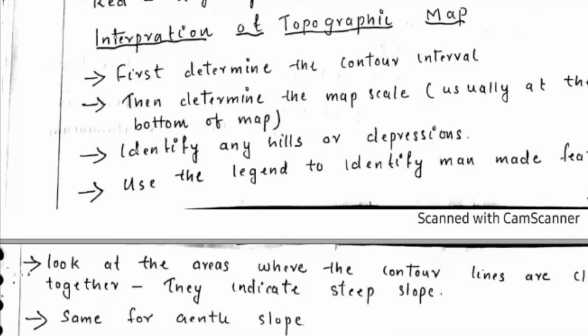Continuous red lines indicate highways, dotted lines indicate village roads, and railroads, water bodies and vegetation will be present. It all can be understood from the legend symbols that are used.